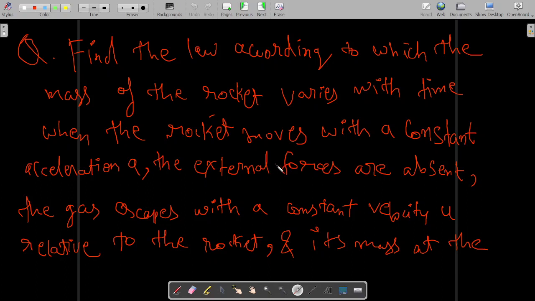External forces are also absent, that is, there is no gravity and there is no air resistance. So how does the mass of the rocket vary with time? You have to find out mass in terms of t, that is, mass as a function of time.